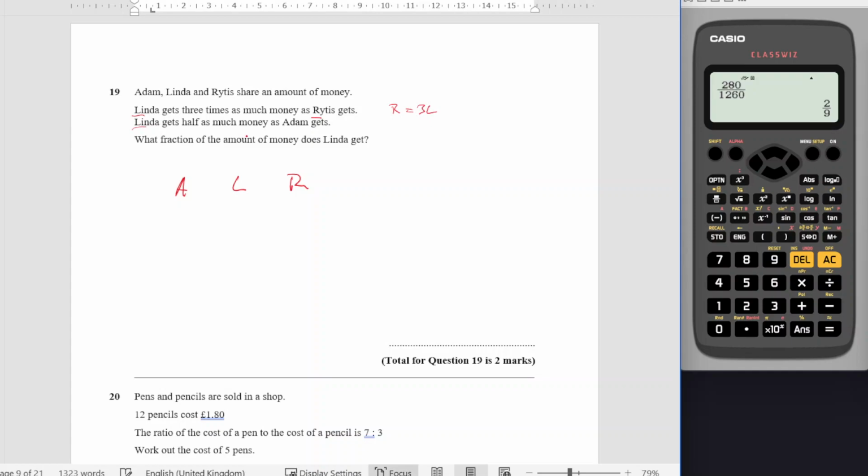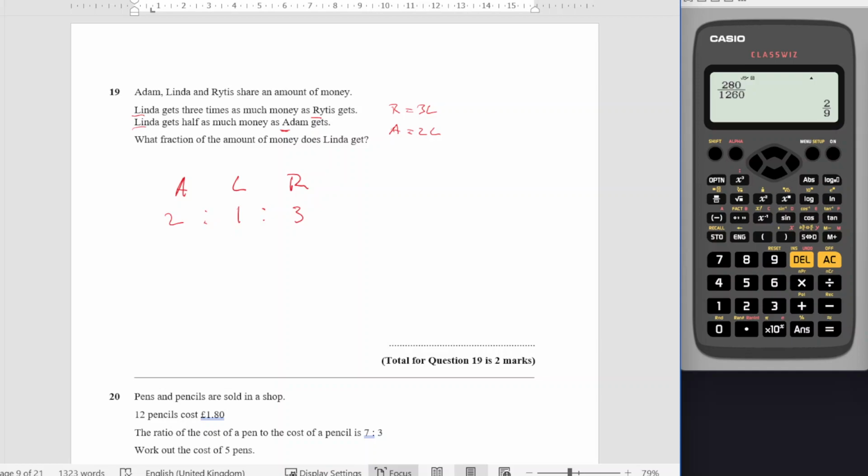Linda gets half as much as Adam gets, so Adam is equal to 2L. So if I say Linda gets 1, R gets 3 times as much, and L gets that. What fraction of the money does Linda get?